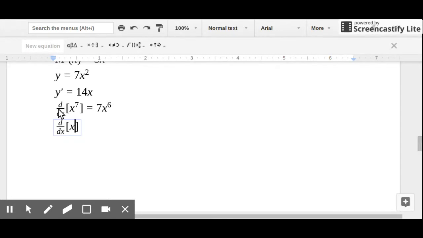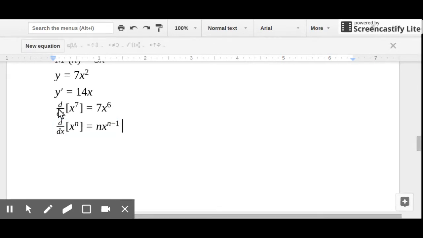We have x raised to the n power is equal to, so we take the n, bring it out front, rewrite the x, and raise that to the n minus 1. Now there needs to be quite a few things said here that we're not going to be getting into the details on. And that is that n is a rational number.